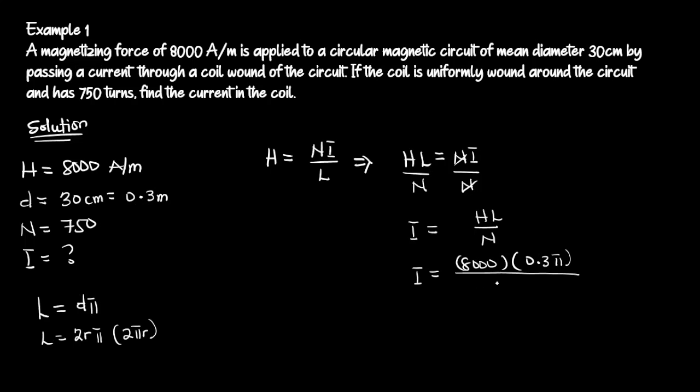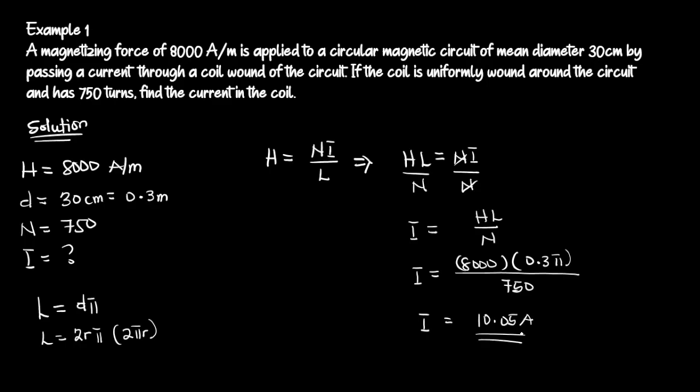In this case, that is 750. So my current I is equal to 8,000 multiplied by 0.3 pi, divided by 750. I am going to get 10.05 amperes as my answer.